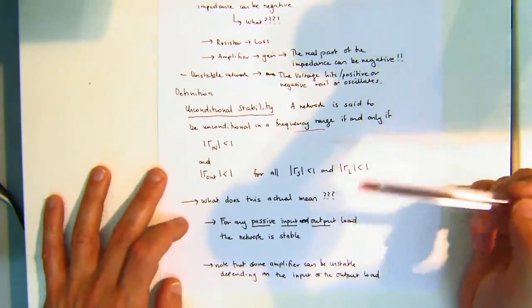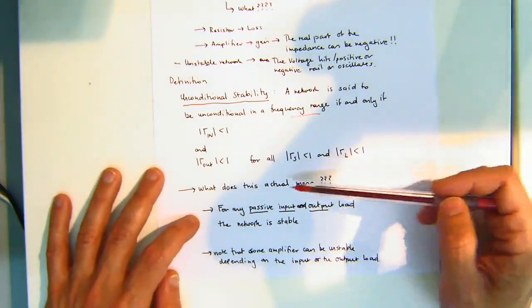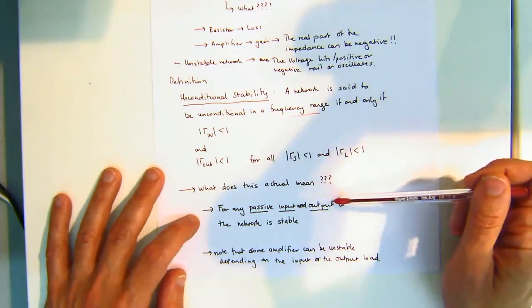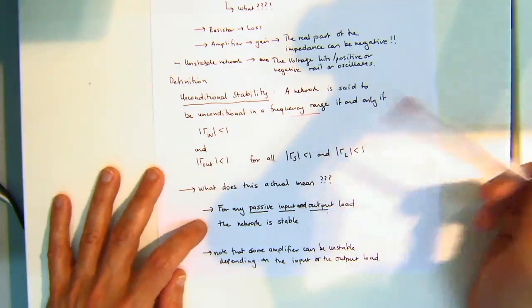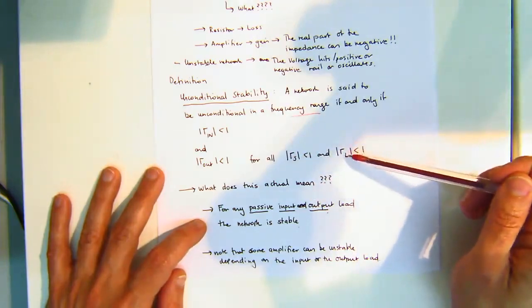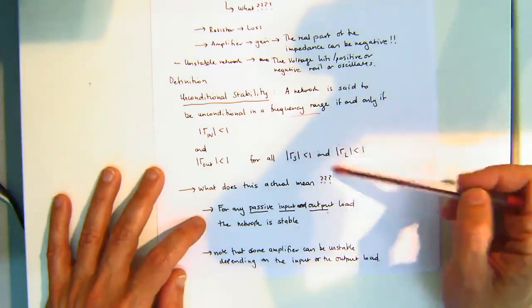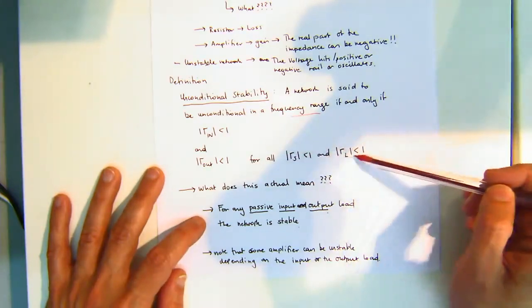What does that mean? So what does this actually all mean? It means that for any passive input or output load, the network is stable, so it doesn't oscillate. And that's what gamma S and gamma L are, right? We're saying that these gamma S's and gamma L's lie within the Smith chart, right?